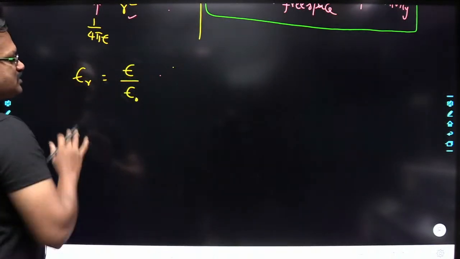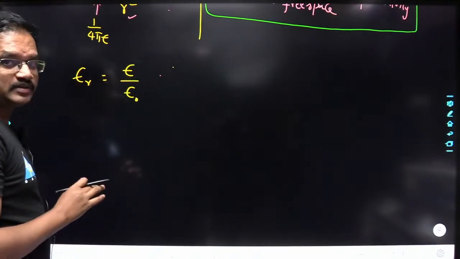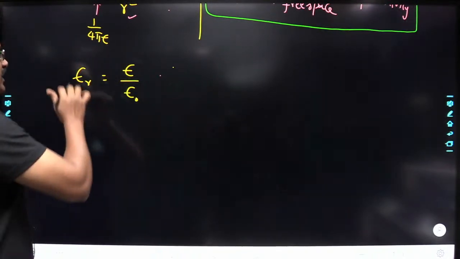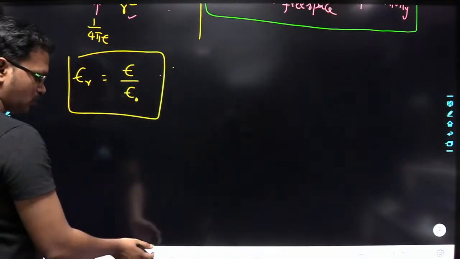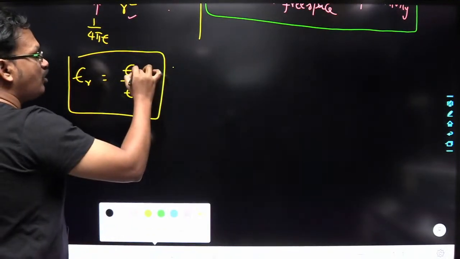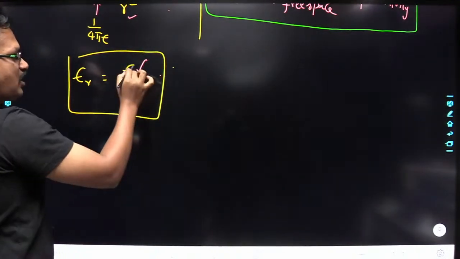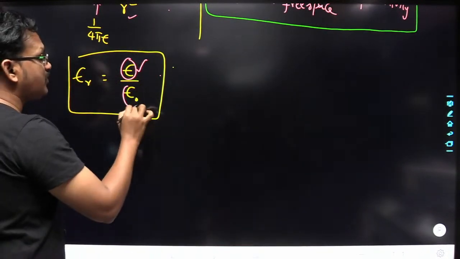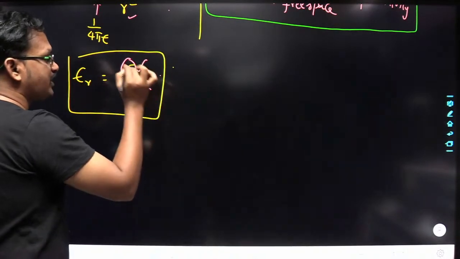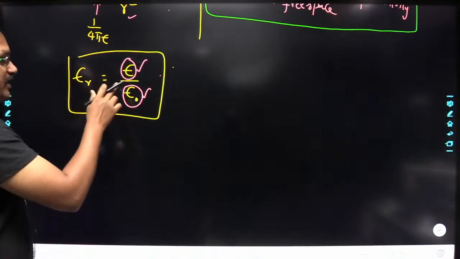what do you mean by relative permittivity? Relative permittivity means you are measuring the permittivity of any medium with respect to the permittivity of free space.